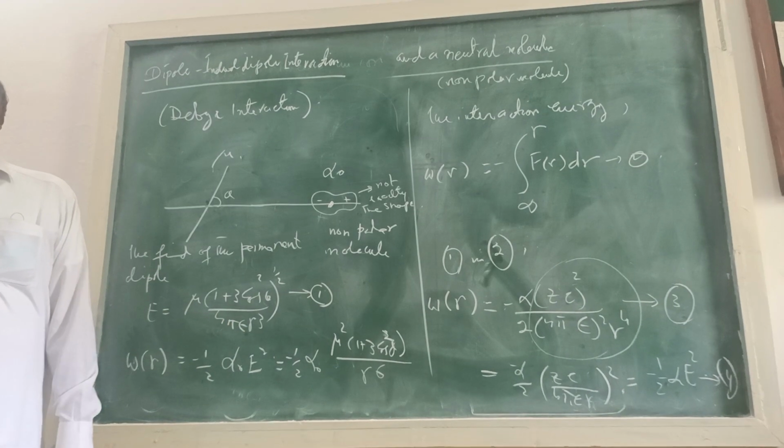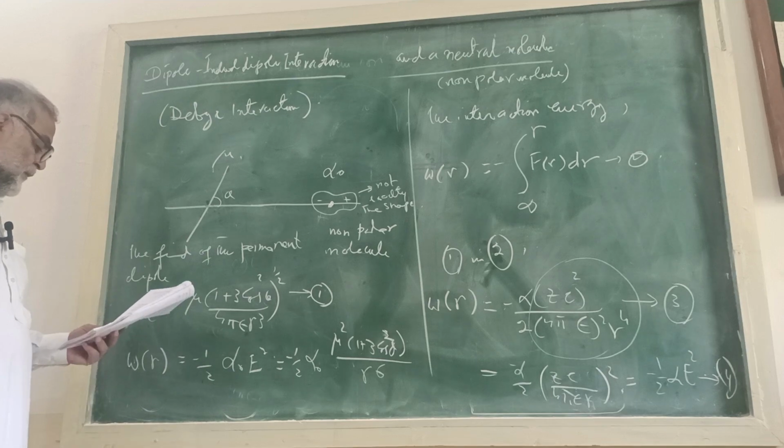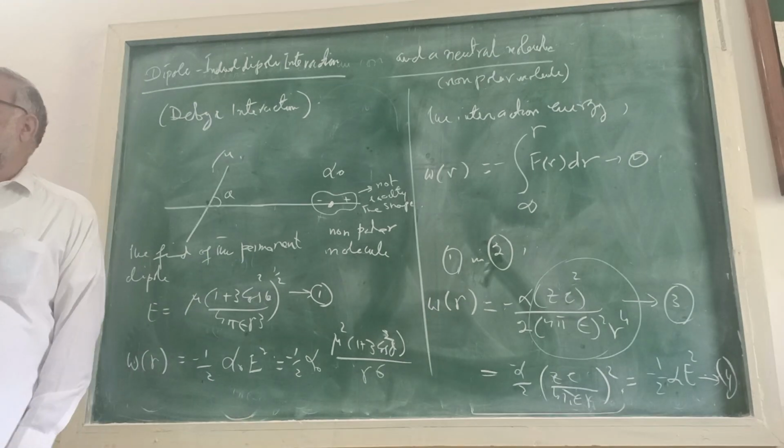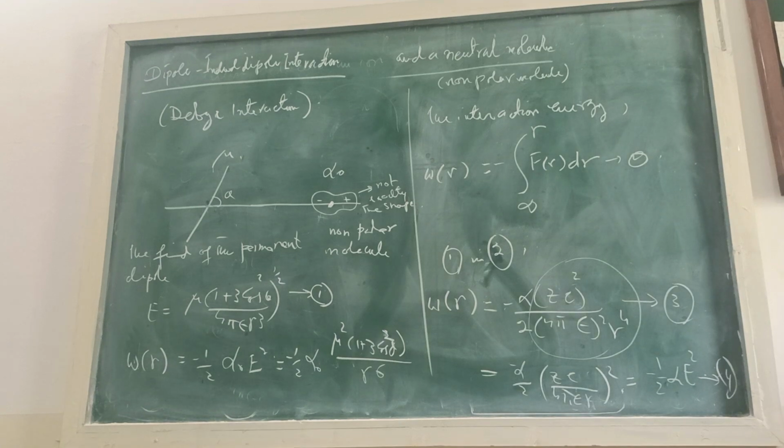So look, the interaction energy for a permanent dipole and an induced dipole varies as 1 over r to the power 6.